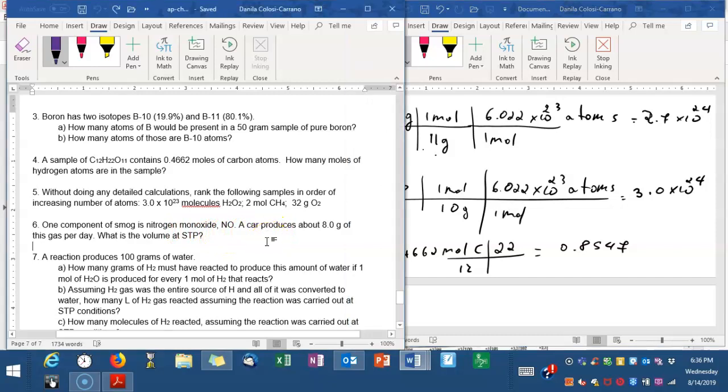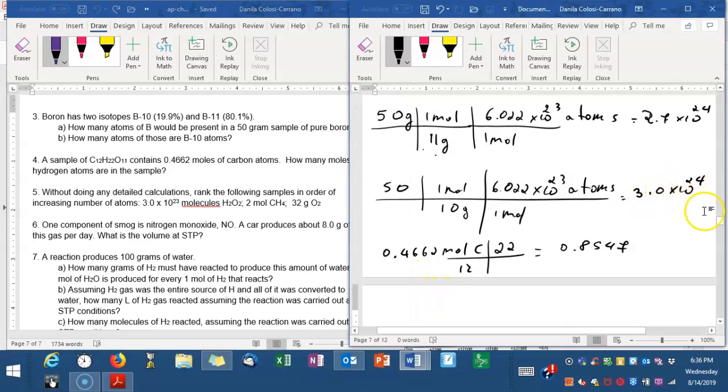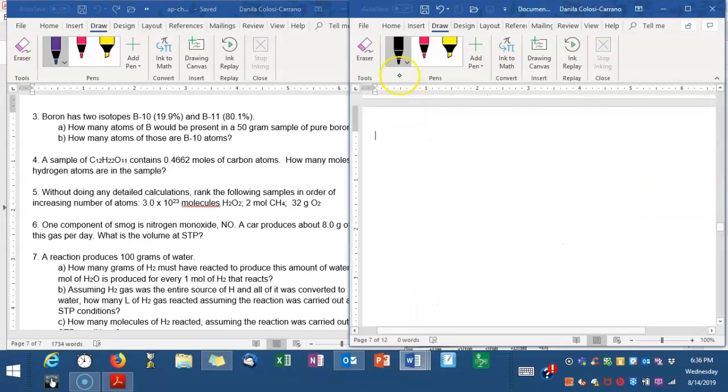A car produces 8 grams of that. What is the volume? Well, 8 grams of NO. So how many moles are there? What is the volume?